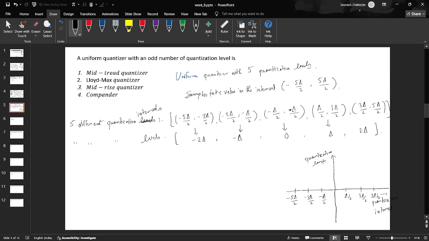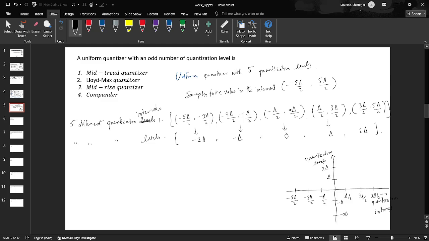Quantization levels, let us map the quantization levels only, that we have 0, that is anyway. Then we have delta, let us mark this is delta, this is 2 delta, similarly minus delta, and here minus 2 delta.